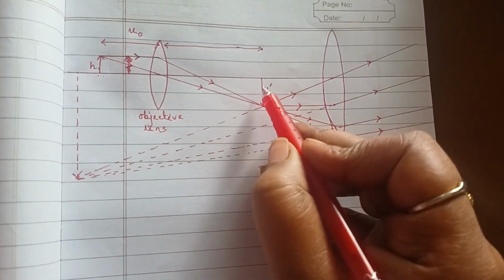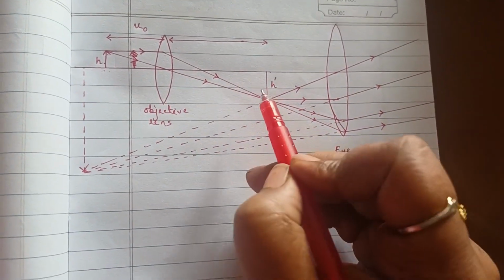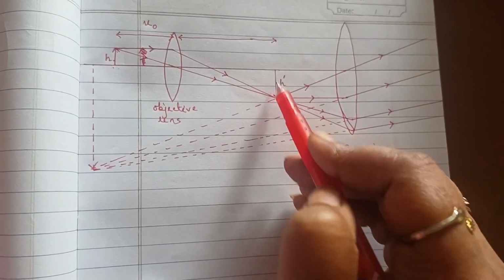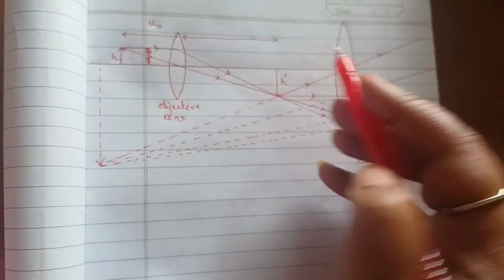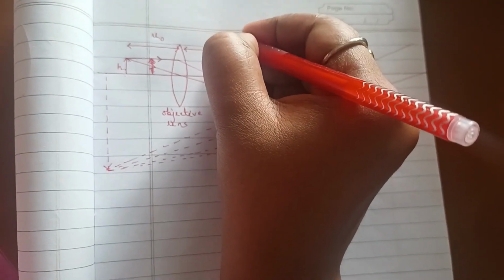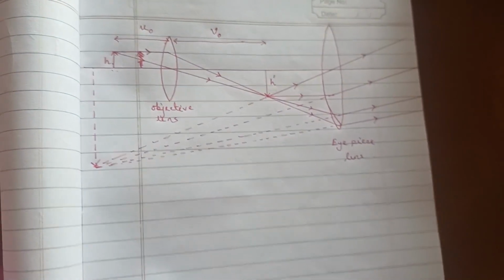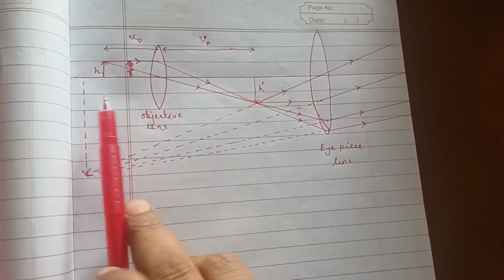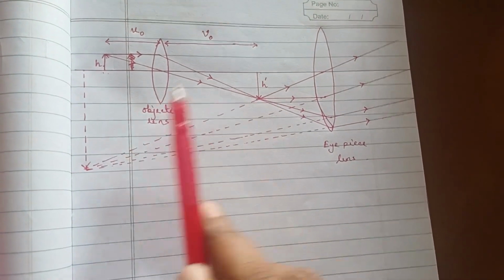This is the image for the objective lens, right? This is happening because two light rays after refraction are meeting at this point. So this is an image for the objective lens. So this is your image distance but for the objective lens. So therefore it is VO. Clear? So first object, then image for the objective lens.